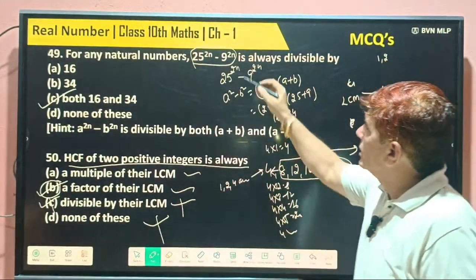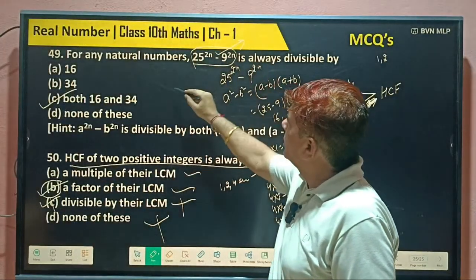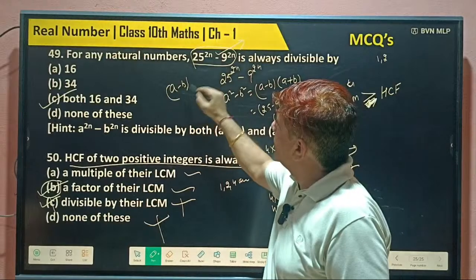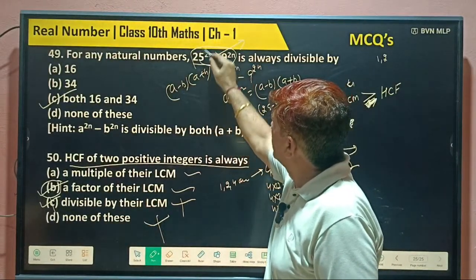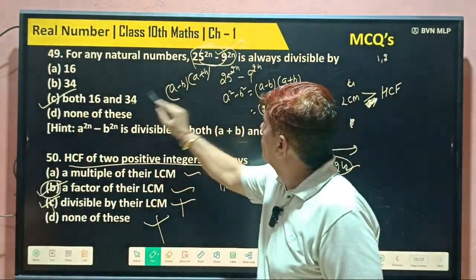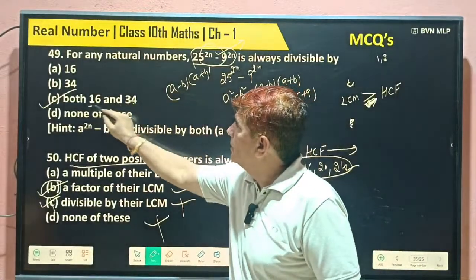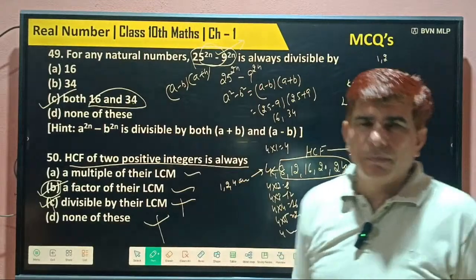Another is this type of question. Directly you can solve in the exam by applying this a minus b, a plus b. So it means the sum of these and the difference of these. So directly 25 plus 9 is 34, 25 minus 9 is 16. You need not solve this, just for telling.